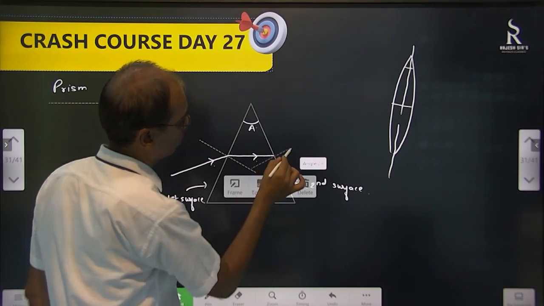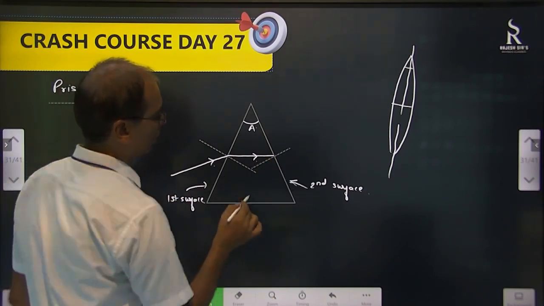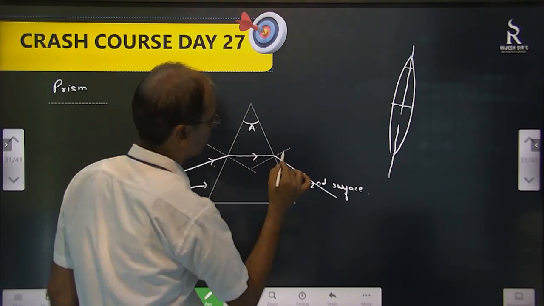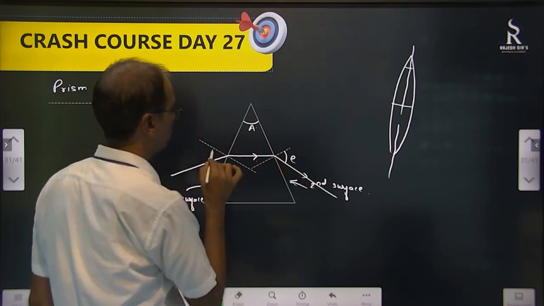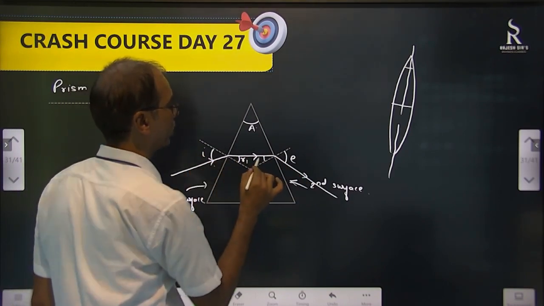Okay, alright, this is normal here, and then ray goes out. This is angle of emergence, this is angle of incidence, this is angle of refraction, this is angle of refraction.